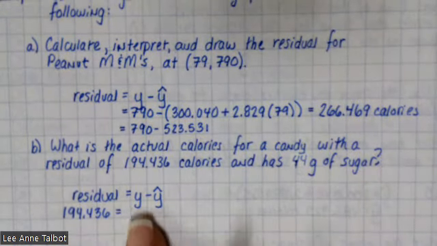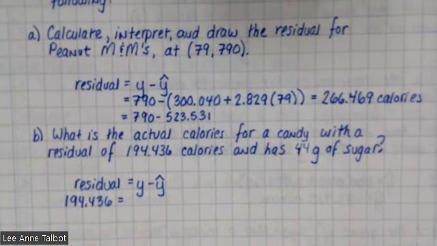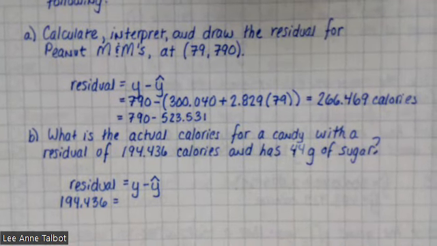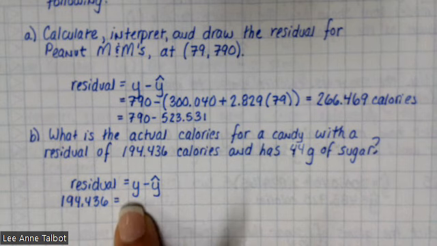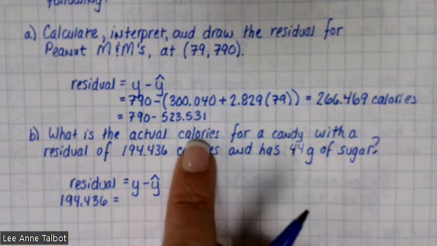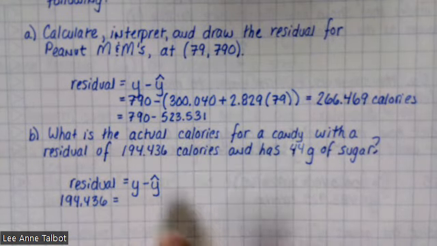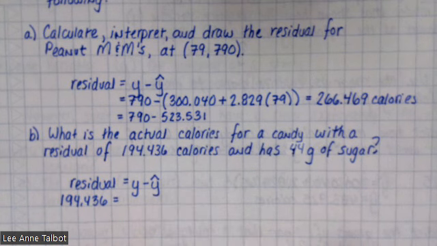Does it make sense to you guys that y is going to be the variable here? Because it's actual y minus predicted y? No? Because it says, what is the actual calories? So this is actual minus predicted.